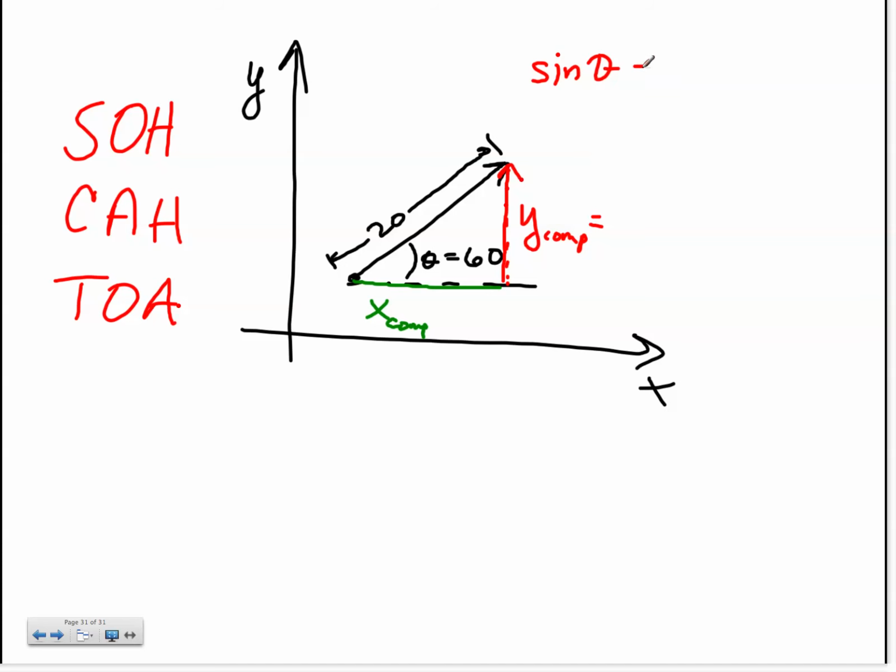Sine of theta equals the opposite side, which is y comp, divided by the hypotenuse, which is 20. And so that means y comp is just going to end up being 20 sine theta, which is sine 60. So you guys are going to actually find that, put that in.